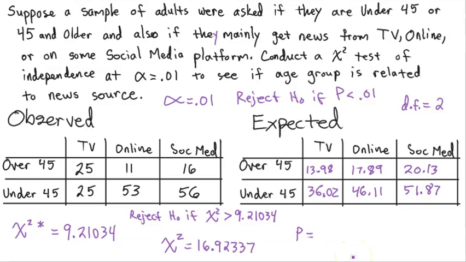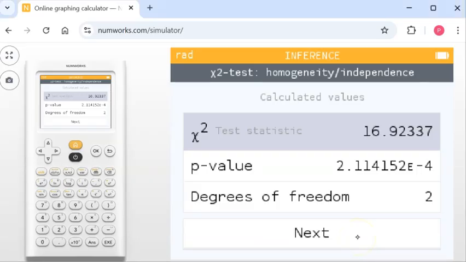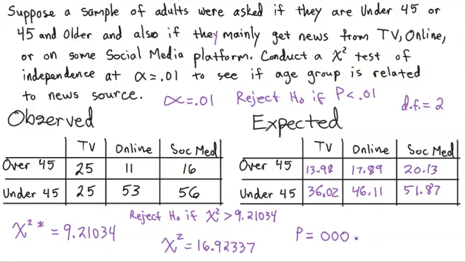P equals, we're going to have 1, 2, 3 zeros, and then 2, 1, 1, 4. Now it had the decimal point here, and then we have to move it 1, 2, 3, 4, so it'll end up right here. Okay, so let's go ahead and do this, and here it is.